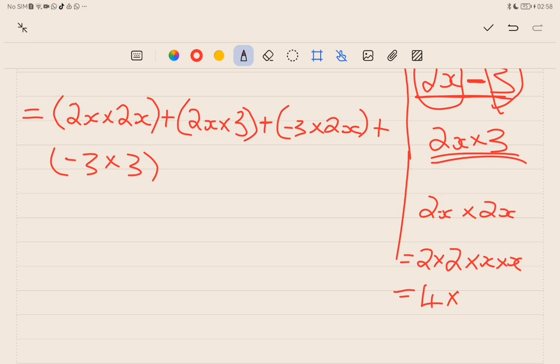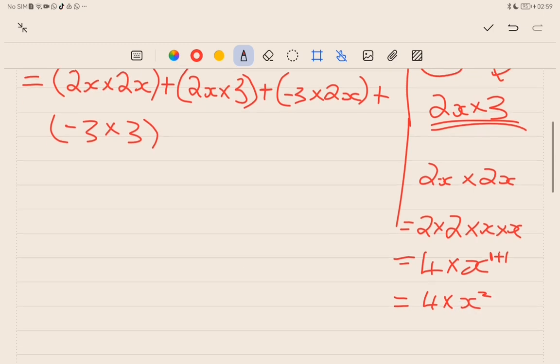Then x times x, you apply the law of exponents, which states that when multiplying powers of the same base, you write the base once, then you add the exponents. So x is the base, then the exponent is 1. You're going to say x exponent 1 plus 1. Then you get 4 times x exponent 2, then it is 4x squared.